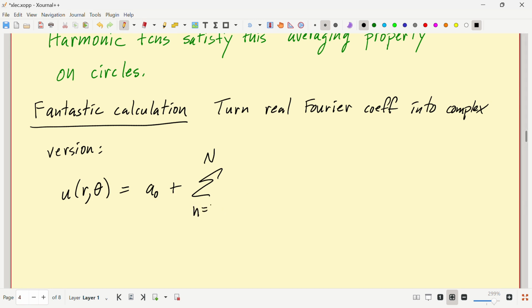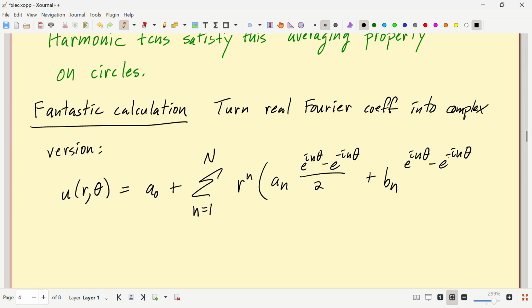N equals 1 to n. I have r to the n, an. Remember, cosine n theta is e to the i n theta plus e to the minus i n theta over 2, plus bn. Sine n theta is e to the i n theta minus e to the minus i n theta over 2i.